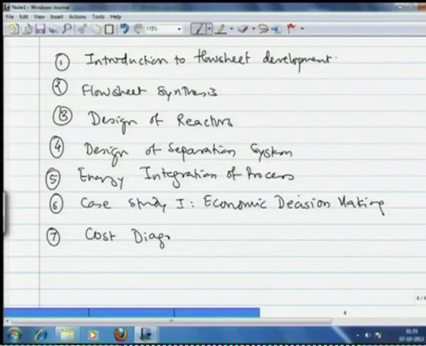Then the 7th module will be the cost diagram, which is another case study of the hydrodealkylation process, HDA process. Here we shall see how we can screen different process alternatives. As I just said, chemical process synthesis is about generating process flow sheets. You may generate a very large number of flow sheets and you may have certain process alternatives.